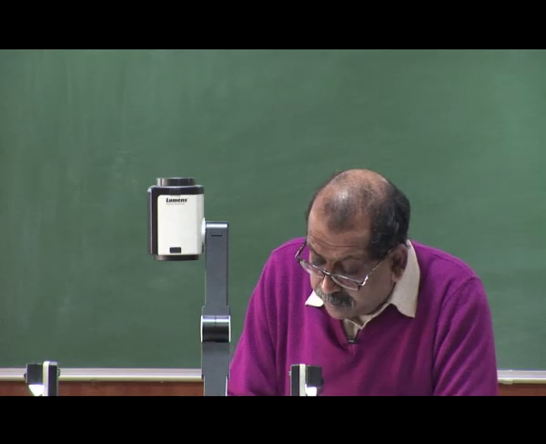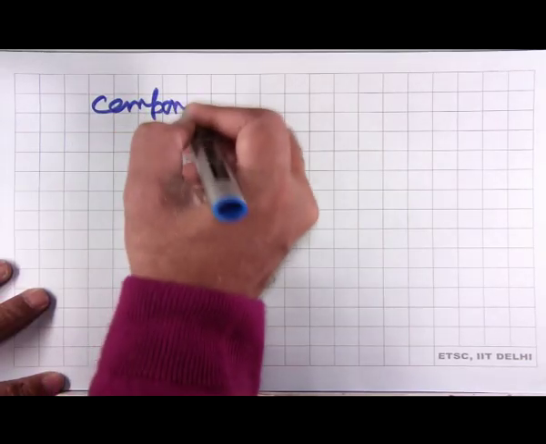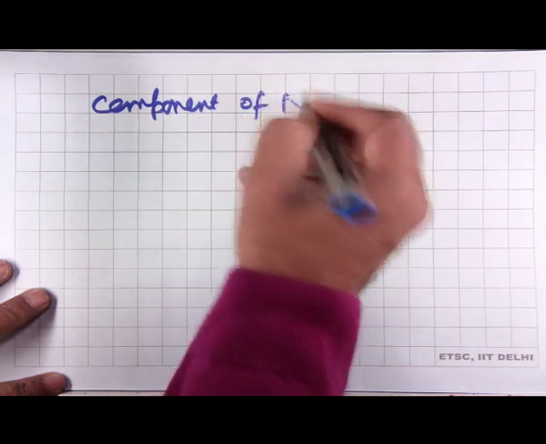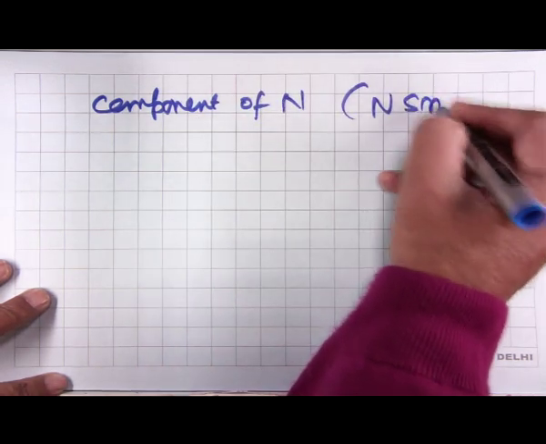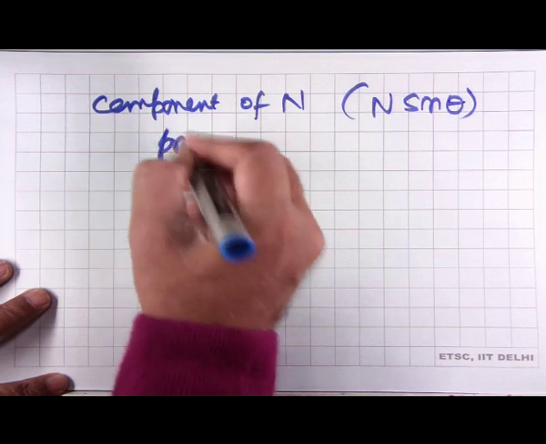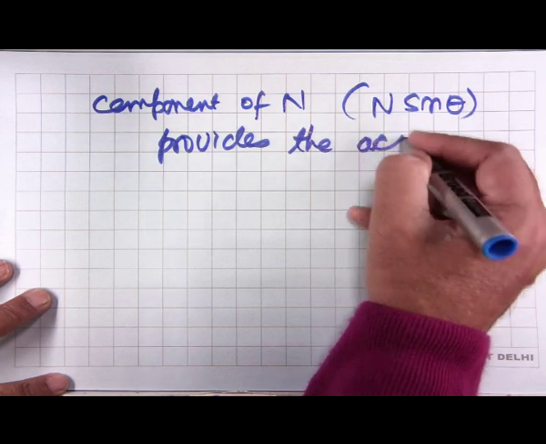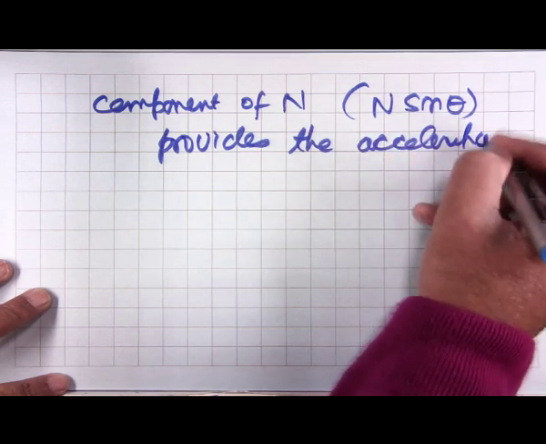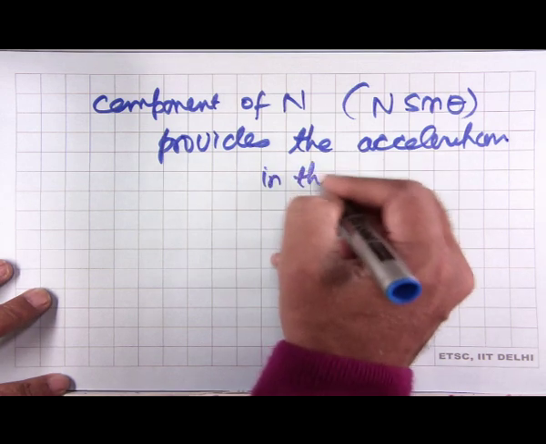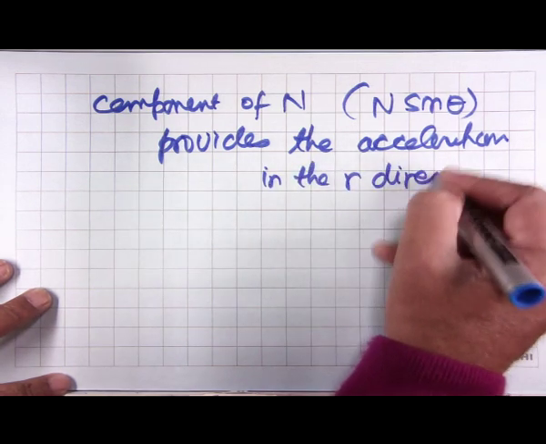So, a component of N provides the acceleration in the r direction.